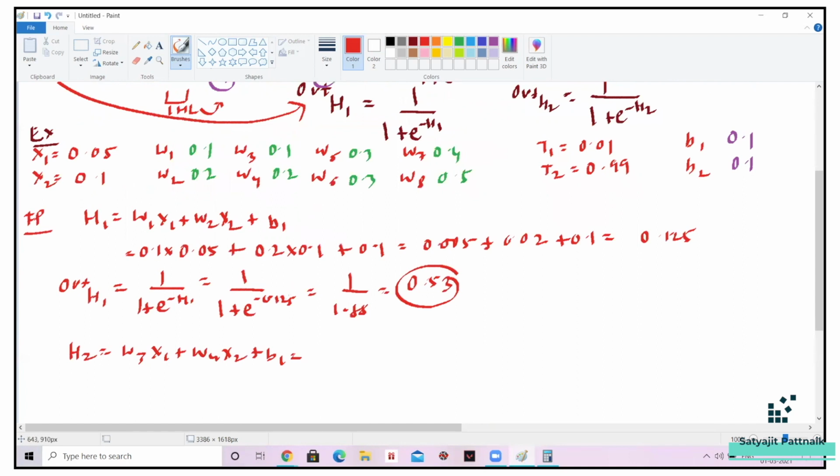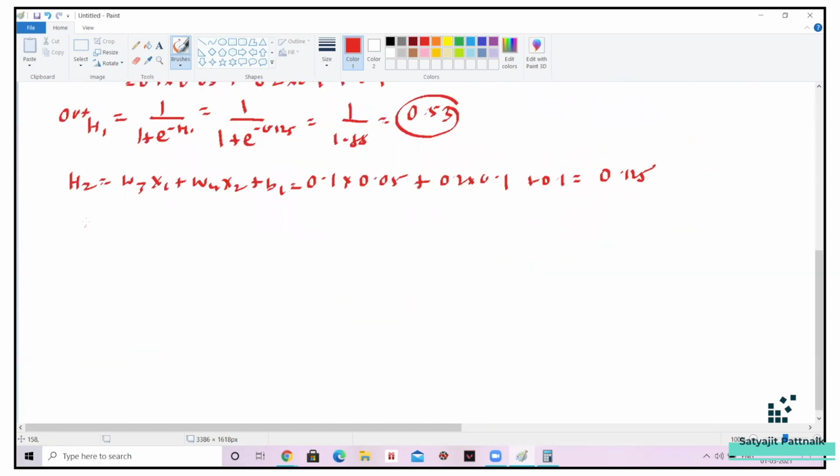W3 is 0.1 multiplied with 0.05 plus W4 is 0.2 into 0.1 plus 0.1. It's the same, 0.125, and the output of H2 is going to be the same value, 0.53. So let's save these values.